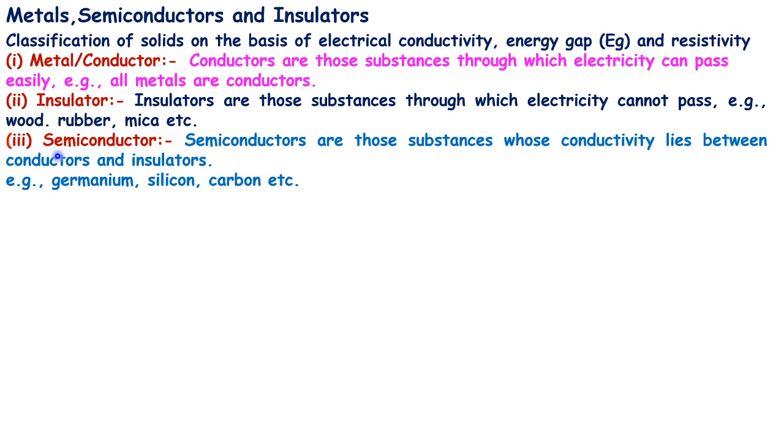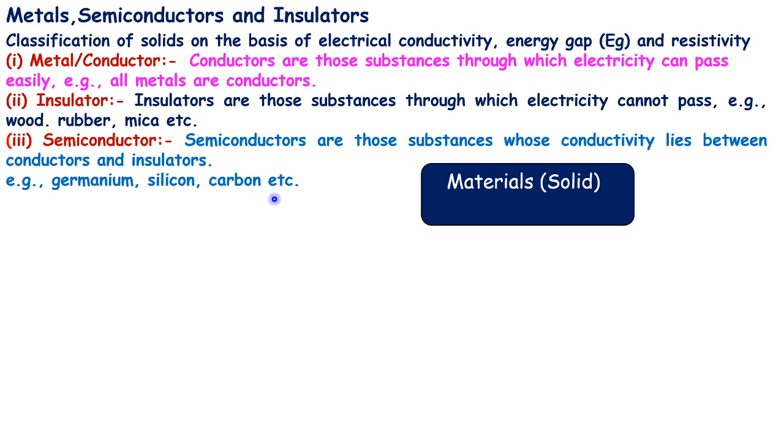Now we are interested in semiconductors. Semiconductors are those substances whose conductivity lies between conductor and insulator. Examples are germanium, silicon, carbon, etc. Now how do we classify these materials? Materials means solids.